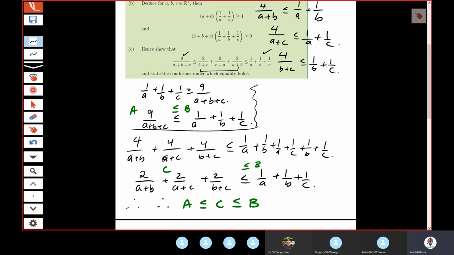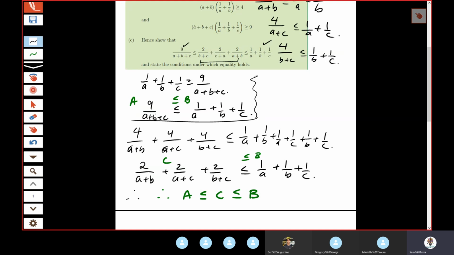Let's get this last bit out. State the conditions. I feel like that's the only way. I can't think of anything else. For equality to hold. For it to be equal.